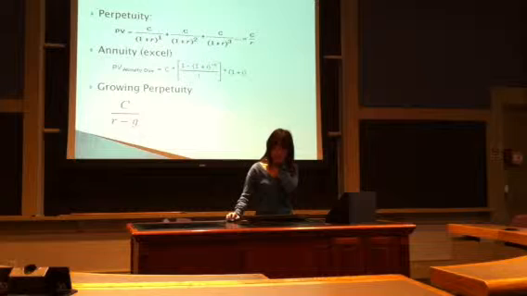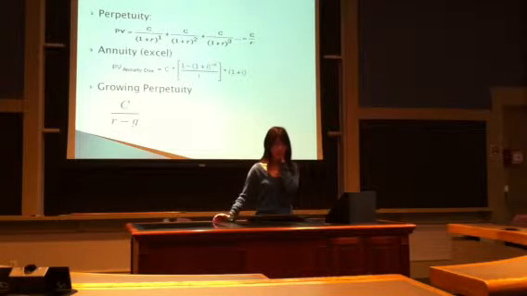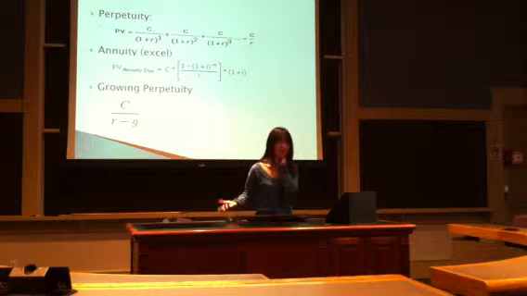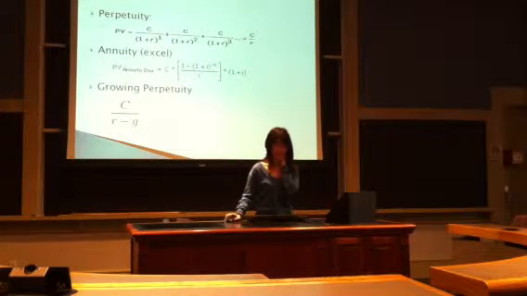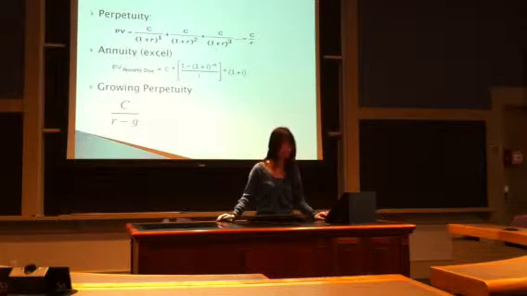And then annuity is where you receive a fixed amount of cash flow, but not forever, for a fixed amount of years. So here, N is the number of years, I is the interest rate, and C is the amount of cash flow. So in an annuity, C has to be constant. And then I also has to be constant.